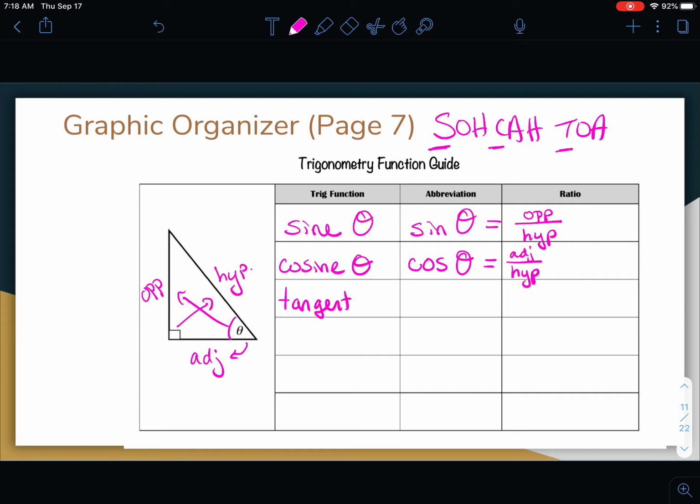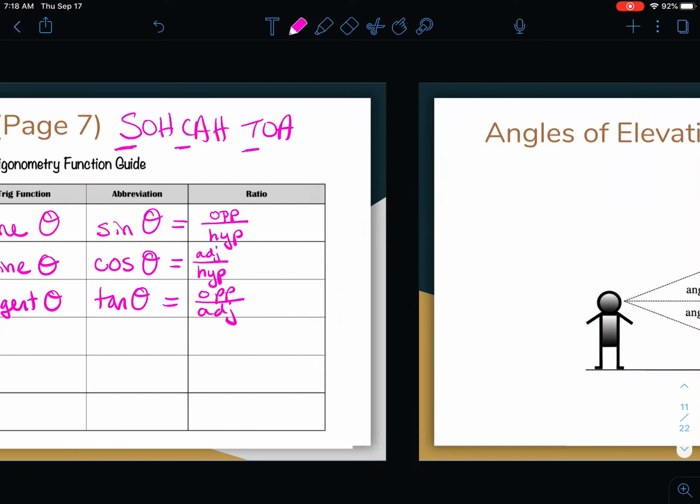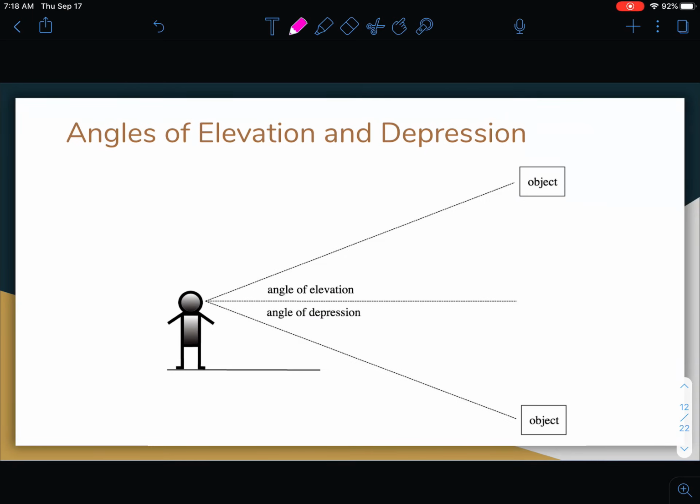And then a third one is tangent of an angle. And so we're going to write tan. Again, we're going to say tangent of theta, and that's opposite over adjacent. We're going to continue to fill in this trigonometry function guide with 3 more functions, but for now we're going to stick with these 3, and we're going to go ahead and get into our word problems.